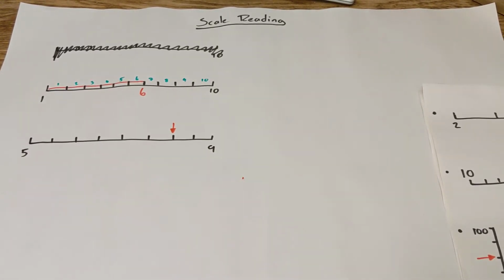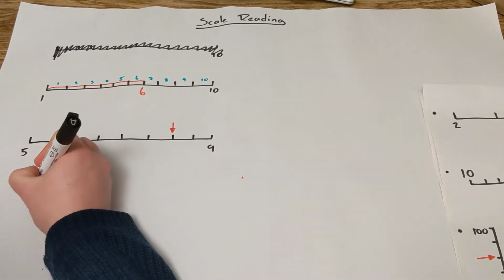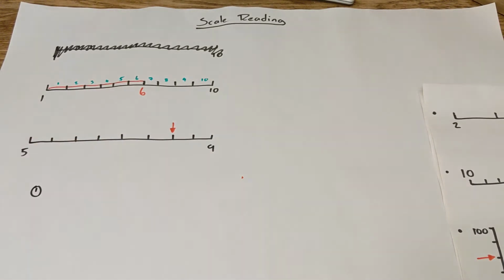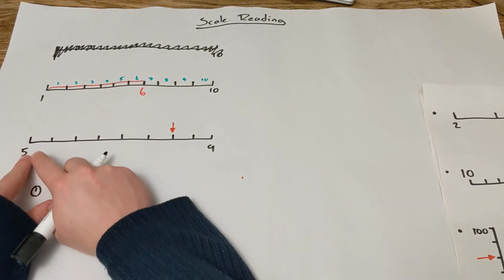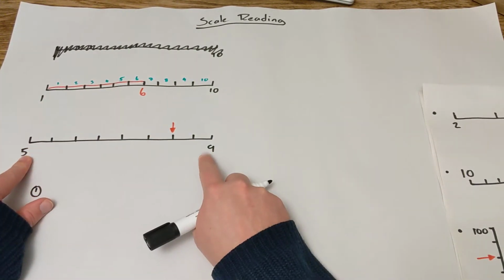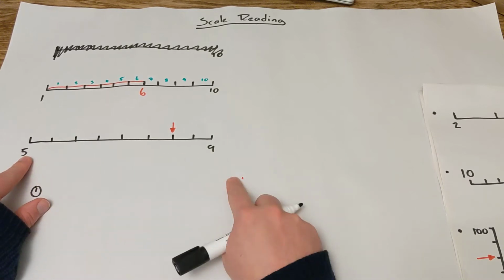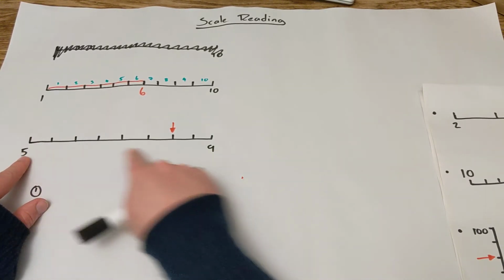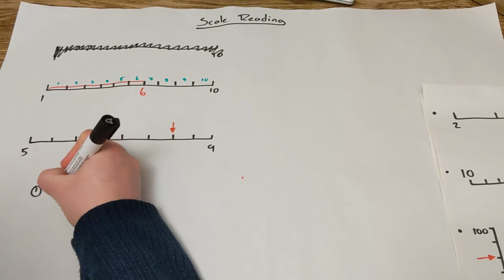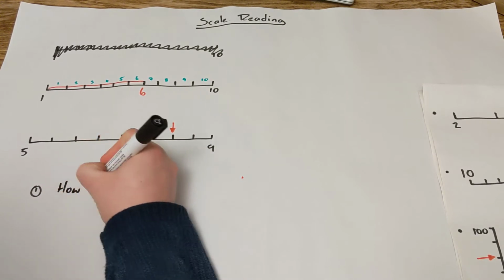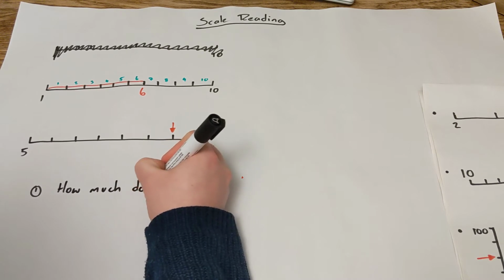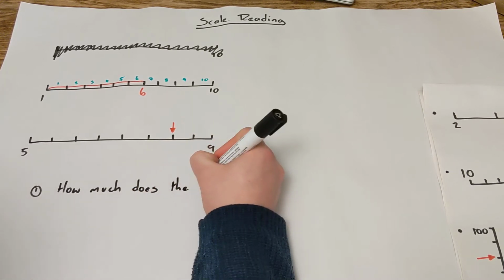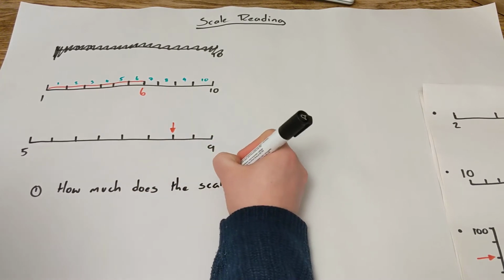So our first step is to work out how much is represented, how much there is between the start of a scale and the end. Okay, so it's going how much is there from 5 to 9. So first step is how much does the scale cover?